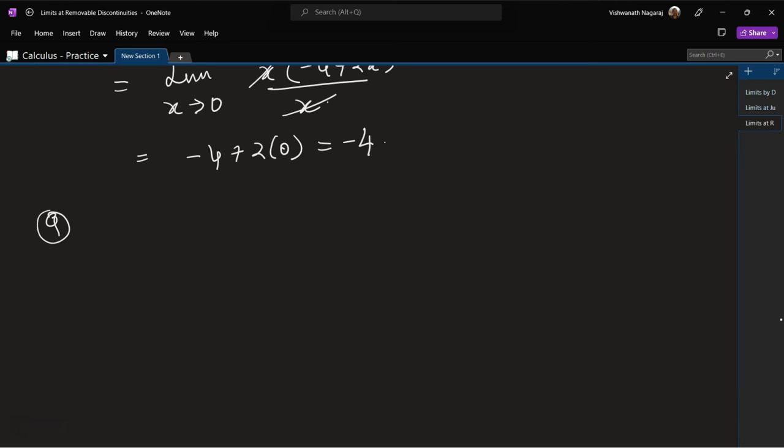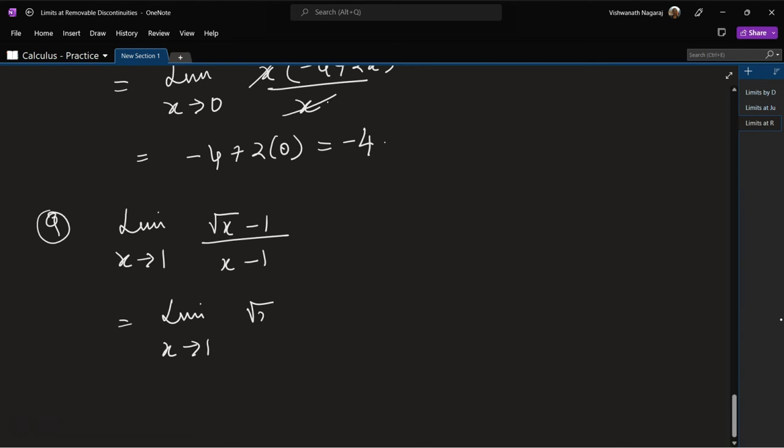Let's do the ninth one. So the limit as x approaches 1 of (square root of x minus 1) by (x minus 1). Again, 1 minus 1, 0 in the denominator. So let's rationalize the numerator. So the limit as x approaches 1 of (square root of x minus 1) by (x minus 1) times (square root of x plus 1) by (square root of x plus 1).